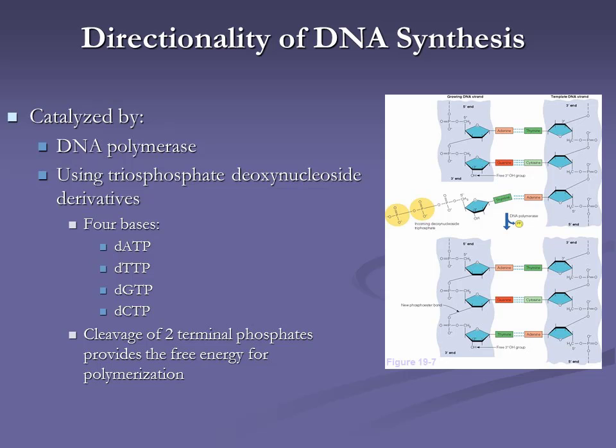Now we know that an enzyme usually ends in what 3 letters? ASE. So if you see DNA polymerase, what can you predict that enzyme is going to do? Take nucleotides, our monomers, and polymerize them into DNA. It's going to assemble a new strand.